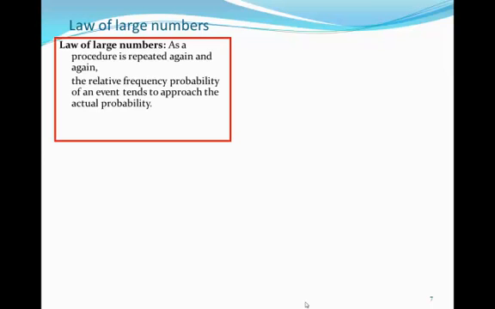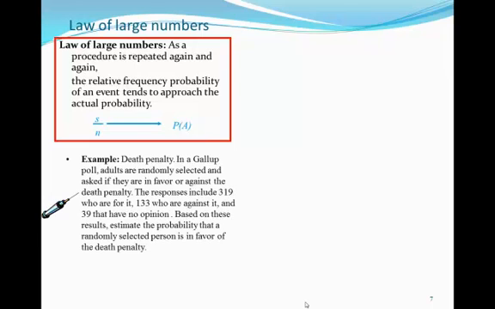Next thing then, let's take a look at the law of large numbers. So law of large numbers states as a procedure is repeated again and again, the relative frequency probability of an event tends to approach the actual probability. So basically here, s over n approaches the actual probability of event A. An example is a death penalty example.